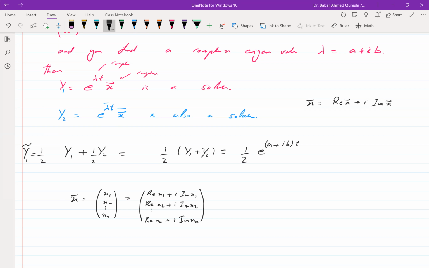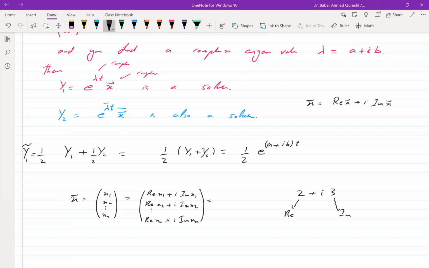Remember that the real part of x1 is a real number, and the imaginary part of x1 is also a real number. This is called the real part, this is called the imaginary part, and they are separated by an iota, but both of them themselves are real numbers.